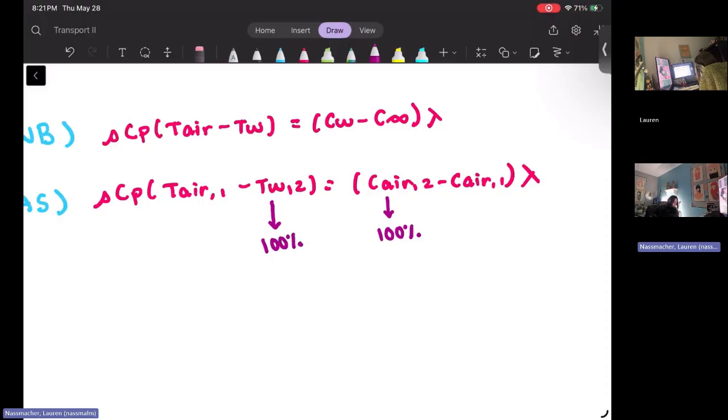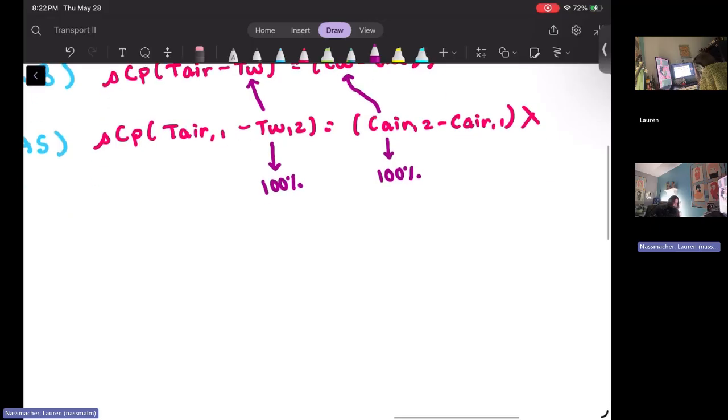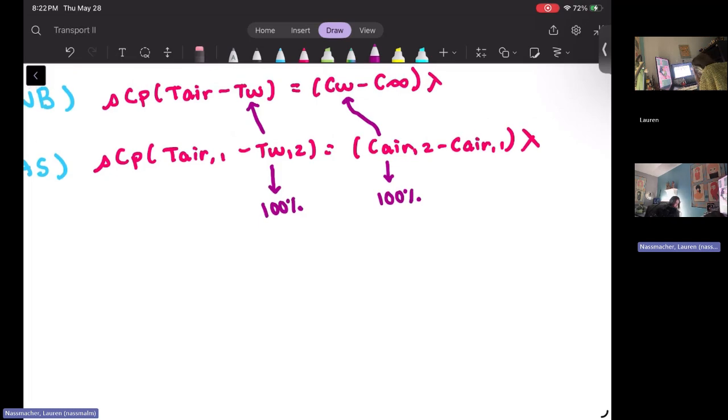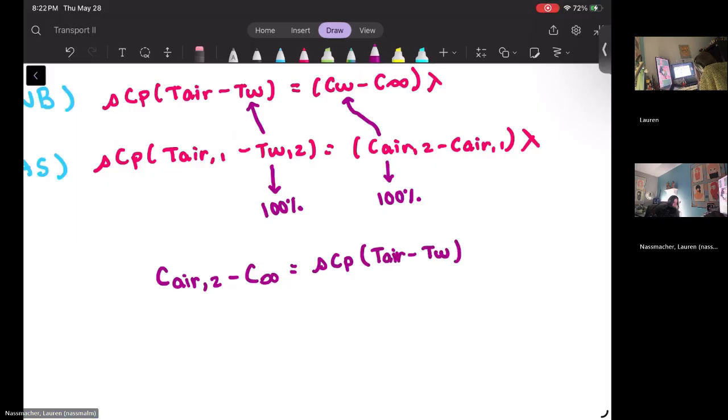So we're just going to plug that in for our unknown values and then create an equation. So we have our concentration of our air 2 minus our concentration of our air infinity, and that's equal to the density, heat capacity, multiplied by the temperature of the air minus the temperature of the water, divided by lambda.